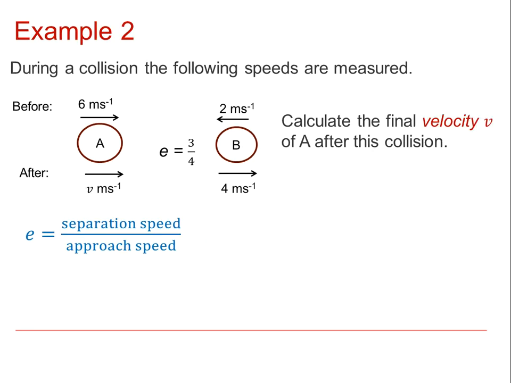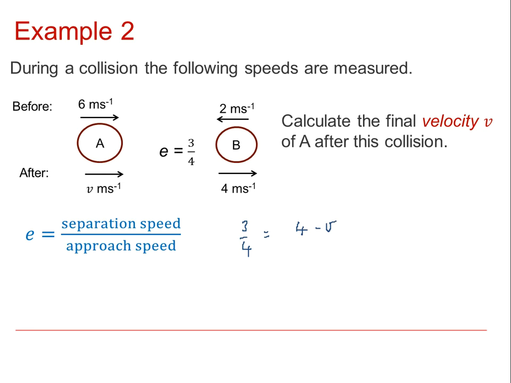In the next question, we're given the value of E, but the unknown quantity now is one of the velocities after the collision. The value of E is 3/4. The speed of separation is going to be 4 minus V, because they're moving in the same direction on our diagram.